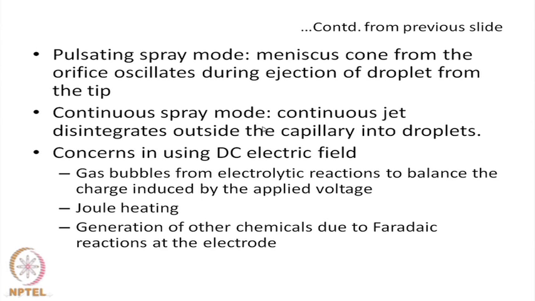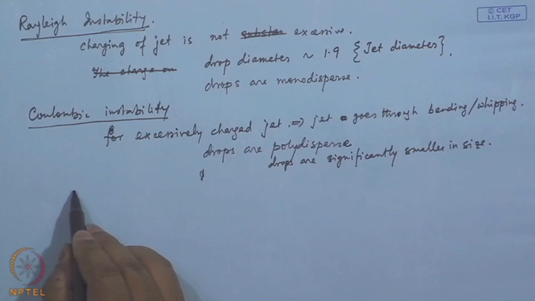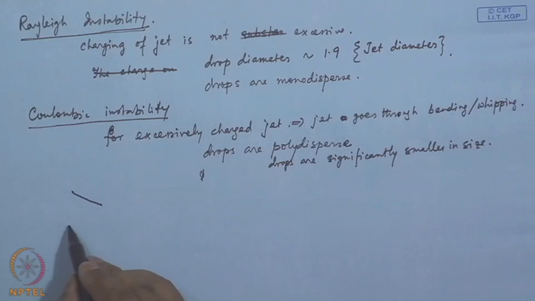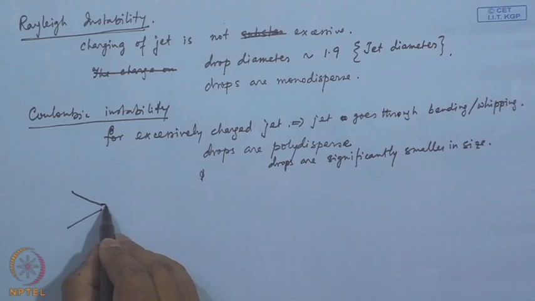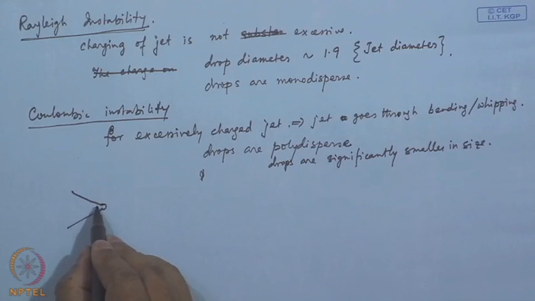So, in one occasion we see that if this is the cone, there is a meniscus coming out from the orifice, and then this is released, and then this meniscus goes back. So, the meniscus cone comes out, forms a drop, and again it goes back, and another drop comes in. So, these drops are formed directly from this meniscus.